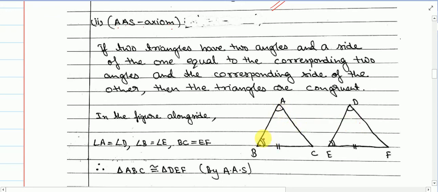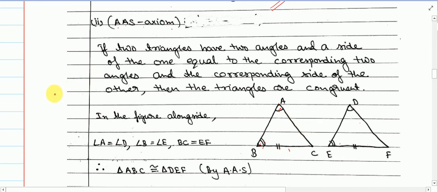Like here, this angle is equal to this angle, this is equal to this one, and this side is equal to this side. So in that case, angle side. By this, two triangles are said to be congruent.